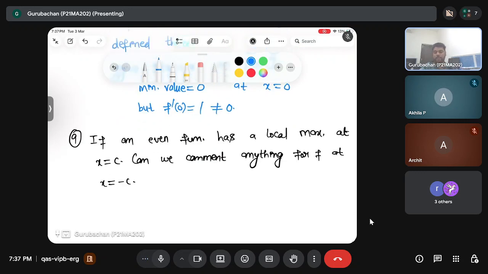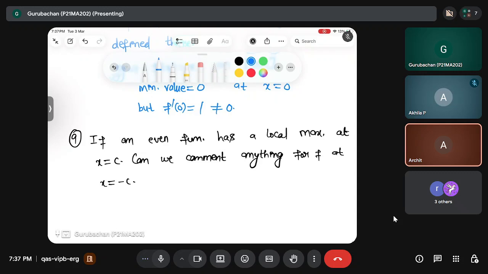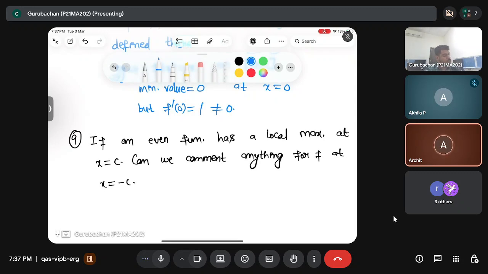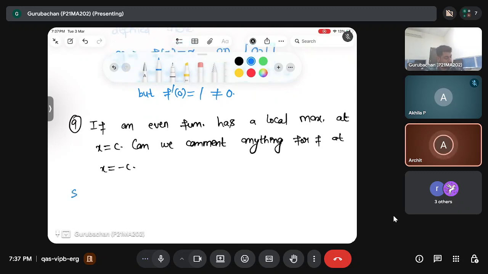Can we comment? Think about it and tell me. Yes, sir, we can comment as the function behavior will be the same in the neighborhood of c and of minus c. So at minus c also there will be local maxima.